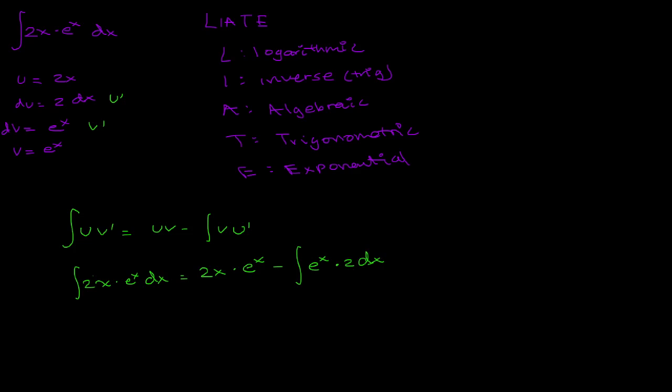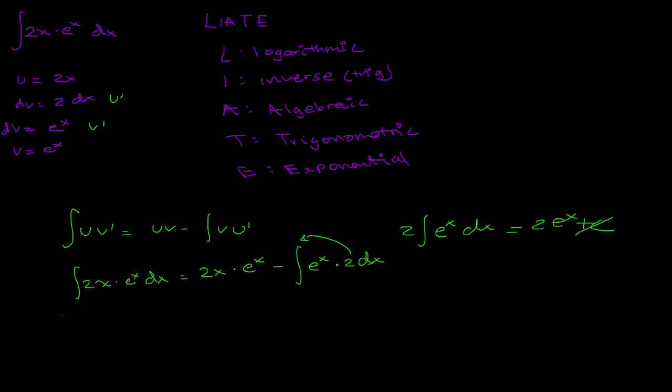So what does this evaluate to? We can simply factor out the 2 first. So it'll be 2 times the integral of e to the x dx. And we know the integral of e to the x is just e to the x plus c, but we'll just ignore that for now.